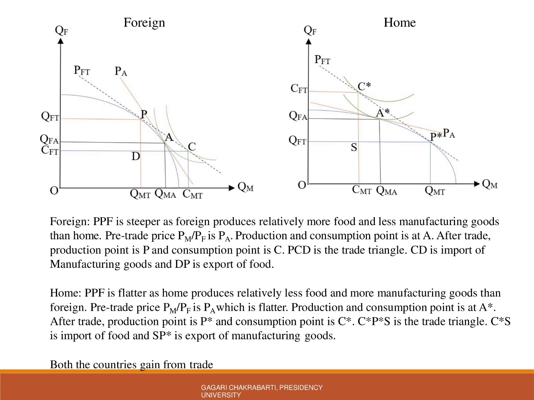What is the basis for trade? We have seen that it is the specific factor availability, and how the countries gain from trade in a specific factor model. We have also considered the impact of free trade on the real return to the different factors of production.